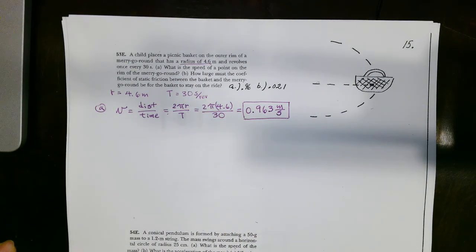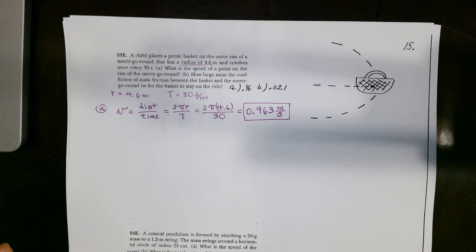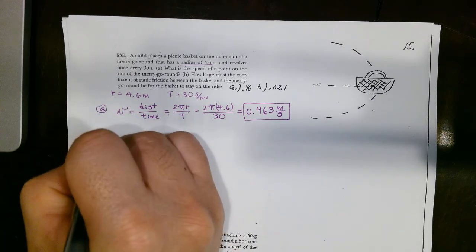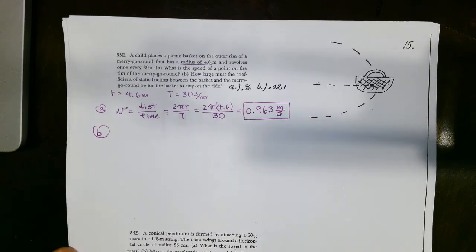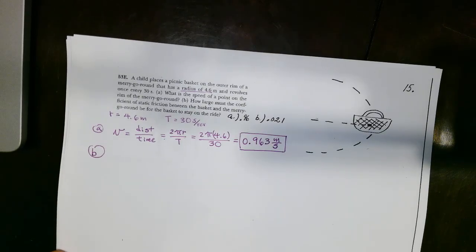And then for part B, how large must the coefficient of static friction between the basket and the merry-go-round be for the basket to stay on the ride? Well, let's do a little free body diagram here.